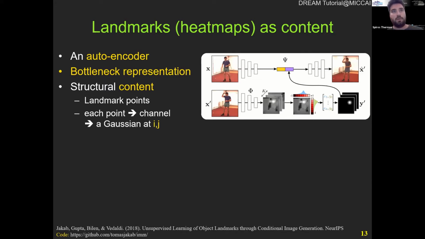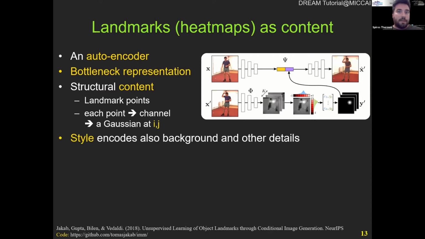An early approach was to use the simplest idea of what the encoded content is. It's a landmark, as we saw earlier in the face attribute translation. So they used an encoder and a tight bottleneck representation for structural content, and the landmark points are encoded as Gaussian distributions at its i, j pixel location, again one per channel, as we saw earlier.